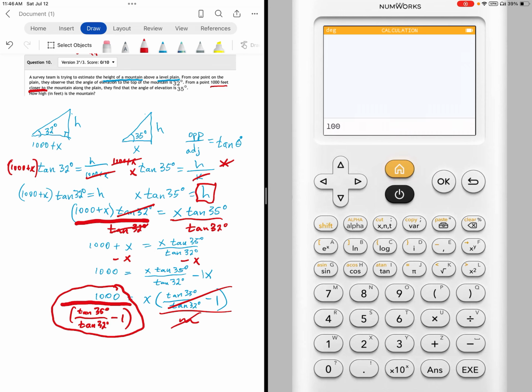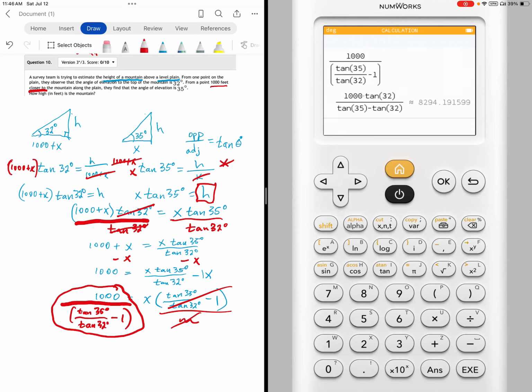So it's 1000 divided by, parentheses, tangent of 35 degrees, parentheses, divided by the tangent of 32 degrees, parentheses, arrow out, subtract 1, put a parentheses just for good measure, and then we'll execute that.